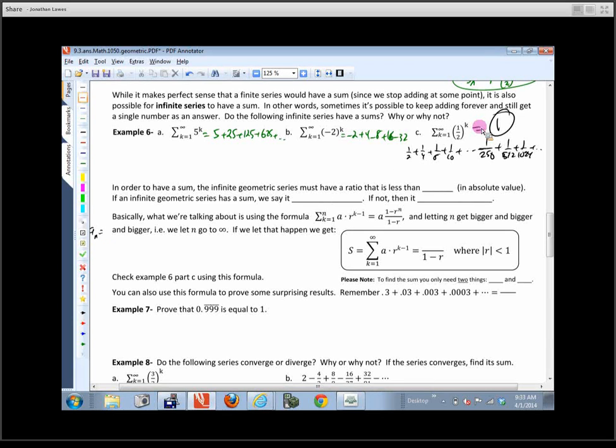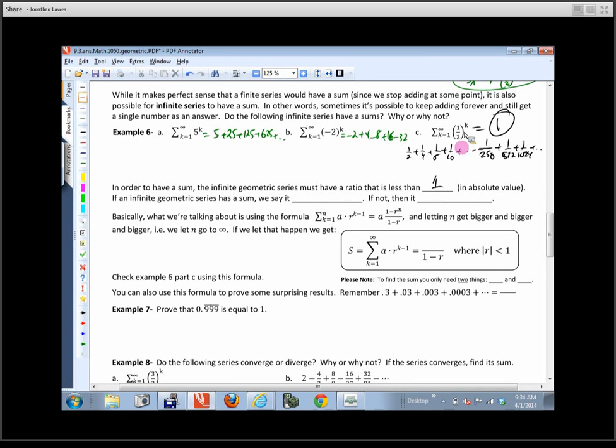So we want to keep track of a couple of things. In order for an infinite geometric series to have a sum, the ratio has to be less than 1 in absolute value. And the reason, we can see right here. If it's bigger than 1, what happens to the numbers? They get bigger.